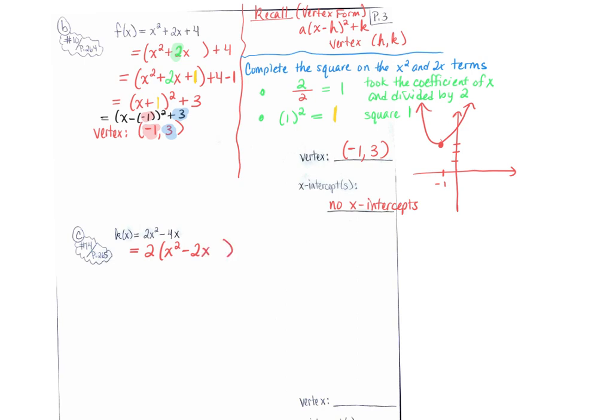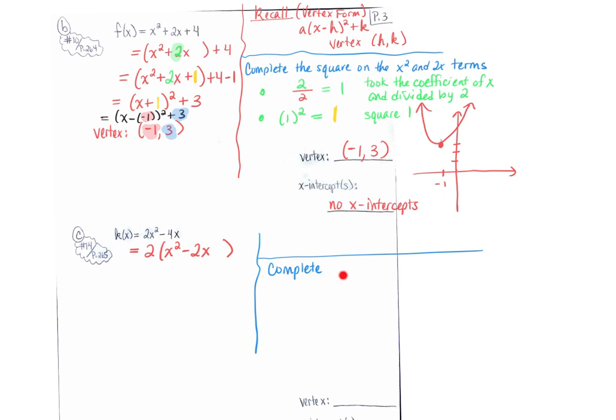Are we good so far? Okay, so now what we're going to do is complete the square. Do you want me to write on the side like we did before? Yes? Okay. So we're going to complete the square. And this one is a little different, and let me tell you why.